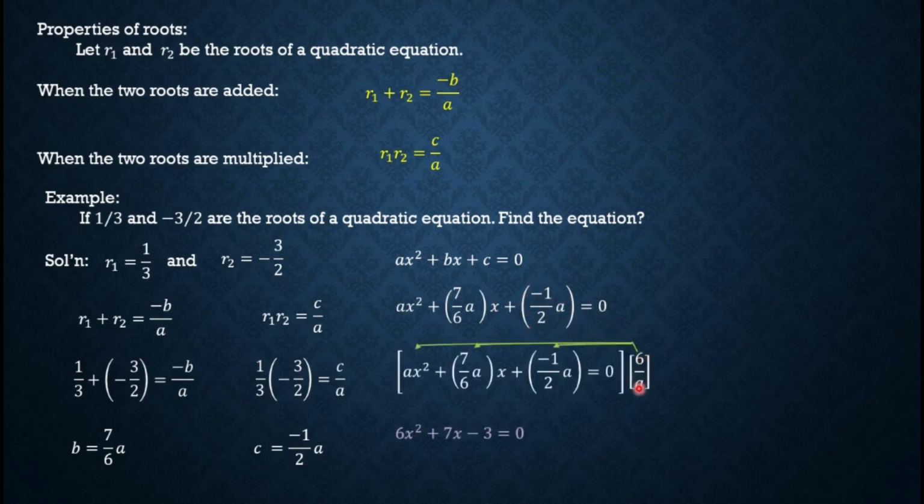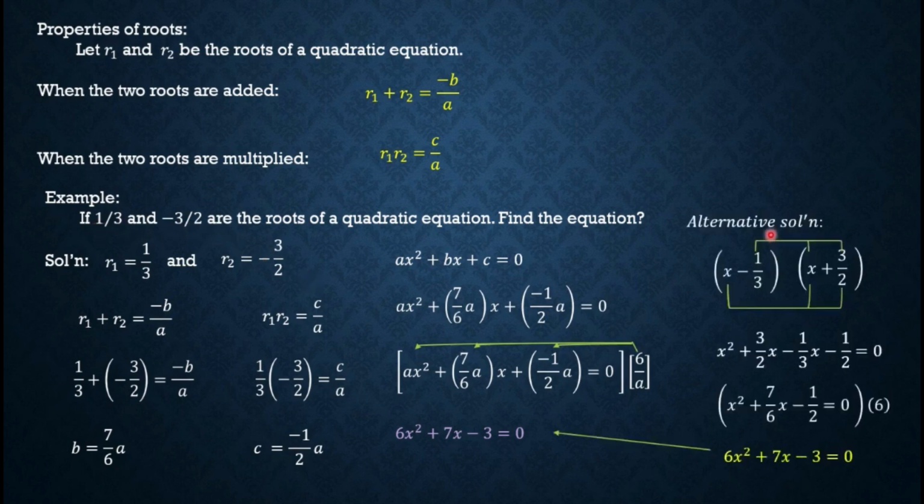Multiplying by 6 over a: 6 over a times a x squared remains 6x squared, since the a cancels. 6 over a times 7 over 6 a x is equal to 7x. 6 over a times negative 1/2 a is equal to negative 3. And 6 over a times 0 is equal to 0. This is the quadratic equation of the two roots, 1/3 and negative 3 over 2.